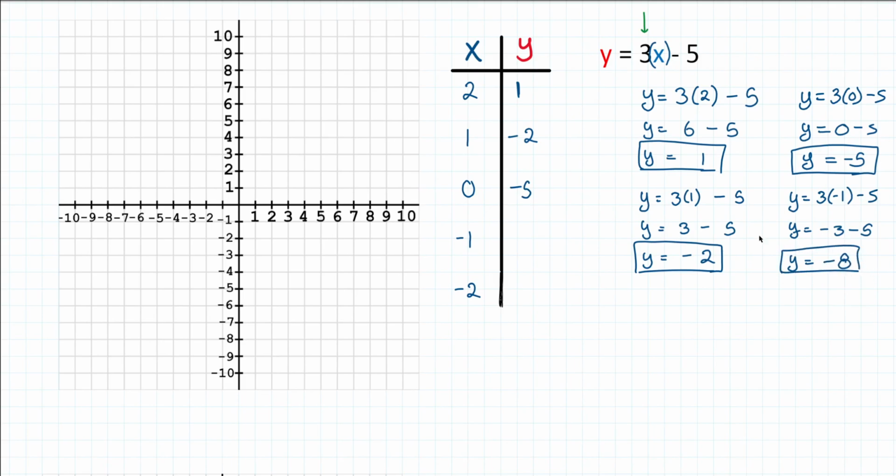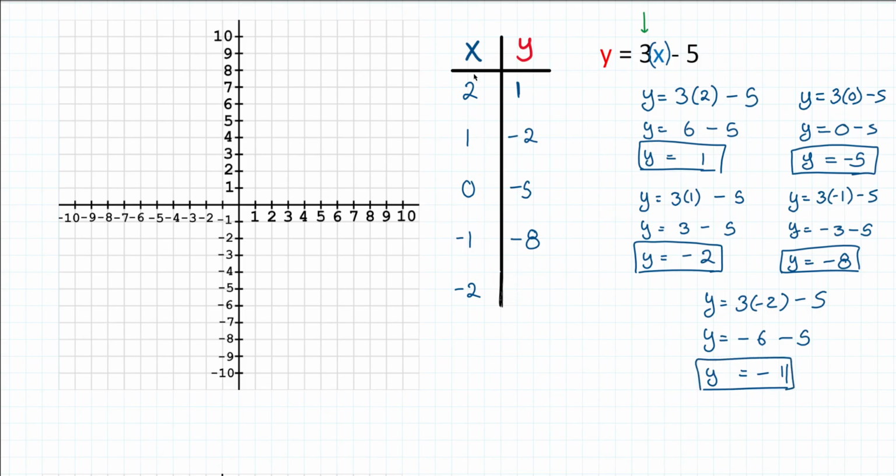There we go. I'll write that right there, -8. And let's do one more just for good measure. y equals 3 times -2 minus 5. 3 times -2 is -6, minus 5 is -11, so y equals -11.